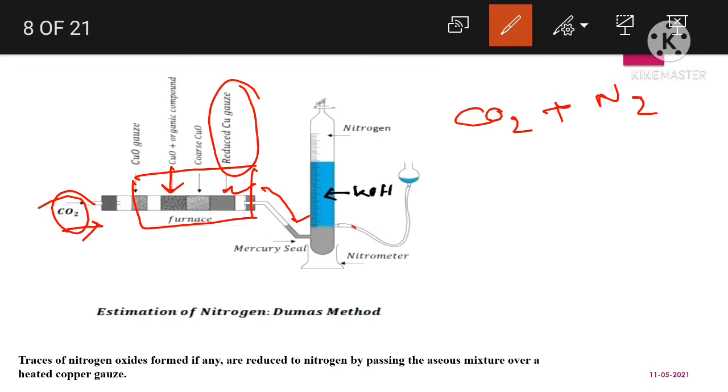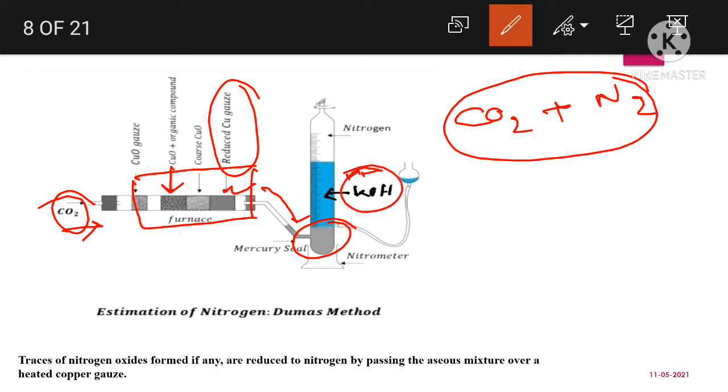The gas mixture now comes here. This is a mercury seal, and there is KOH solution. When the mixture of carbon dioxide and nitrogen comes here, the KOH solution absorbs the carbon dioxide and the nitrogen gas goes up.